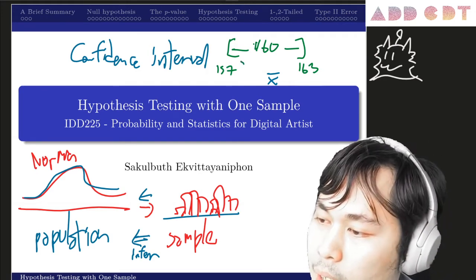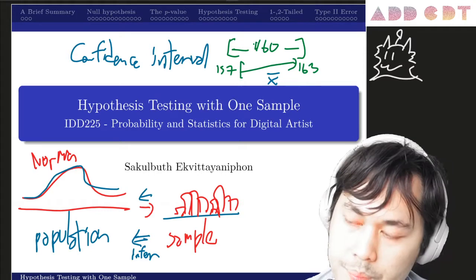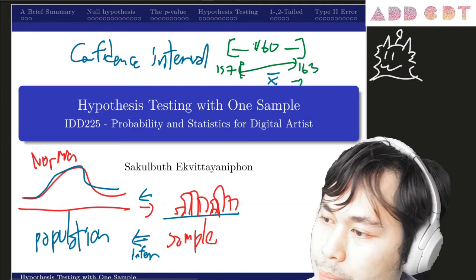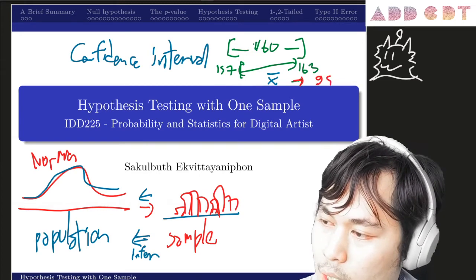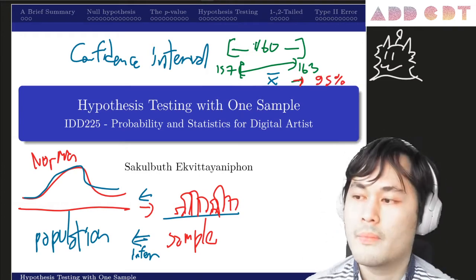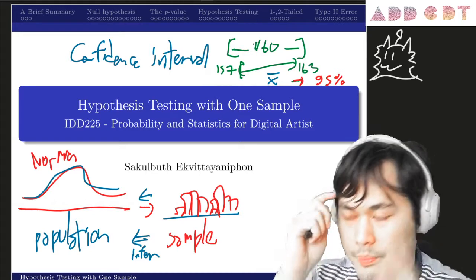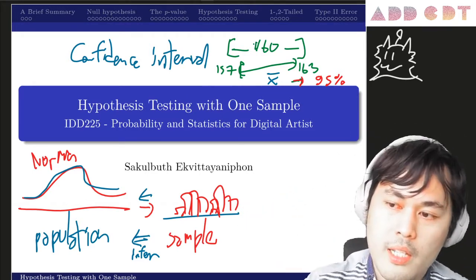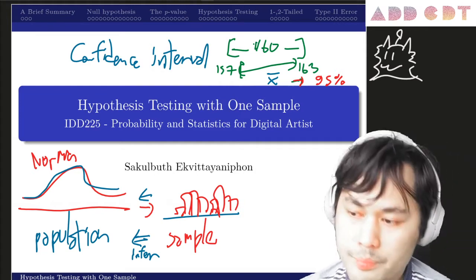We can narrow it down and say we have a confidence level. We are 95% sure that the number will fall into this range. That's what we studied last time for the confidence interval.